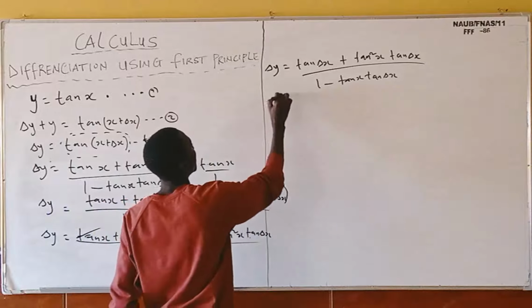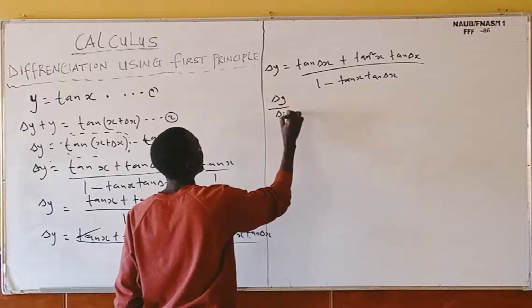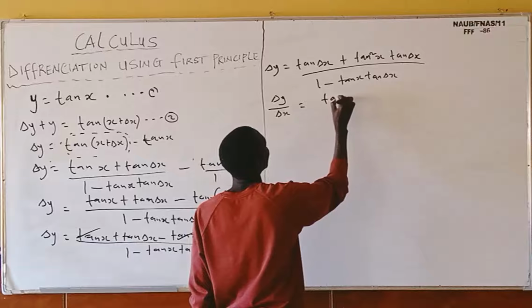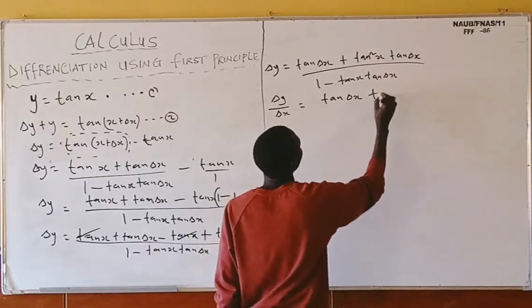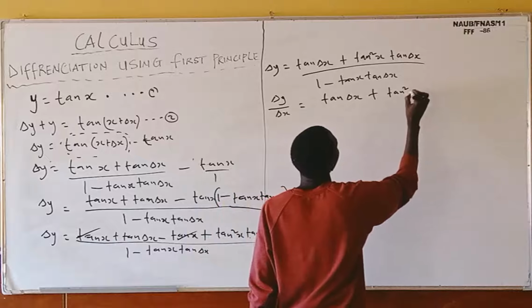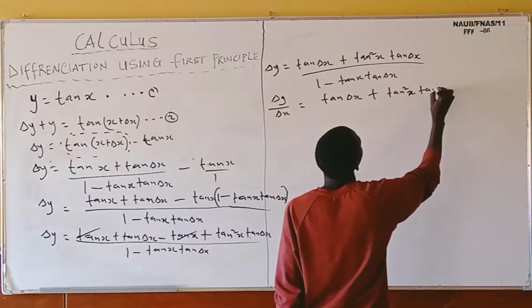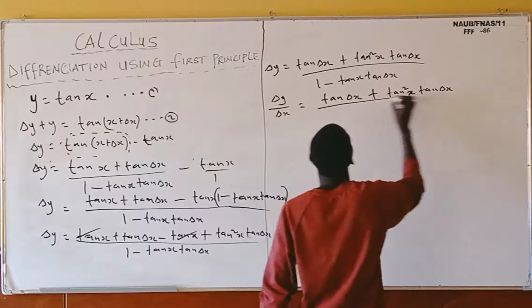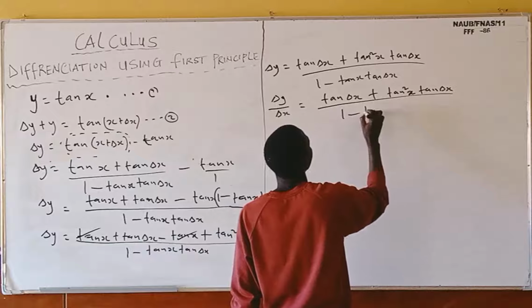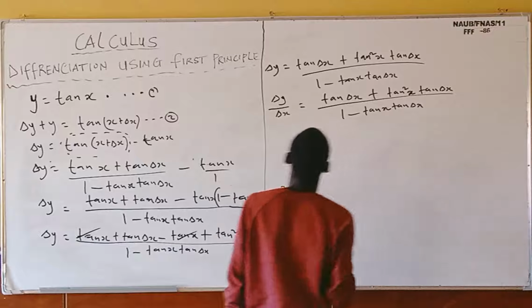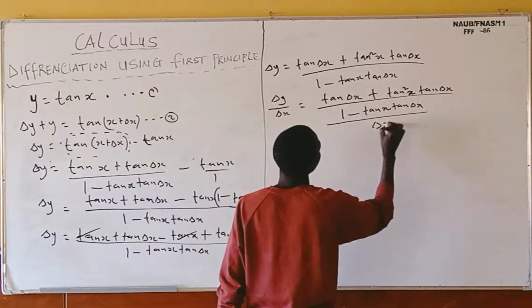So it's going to be change in y all over change in x, which is equal to tan change in x plus tan squared x tan change in x, all over 1 minus tan x tan change in x, all over change in x.